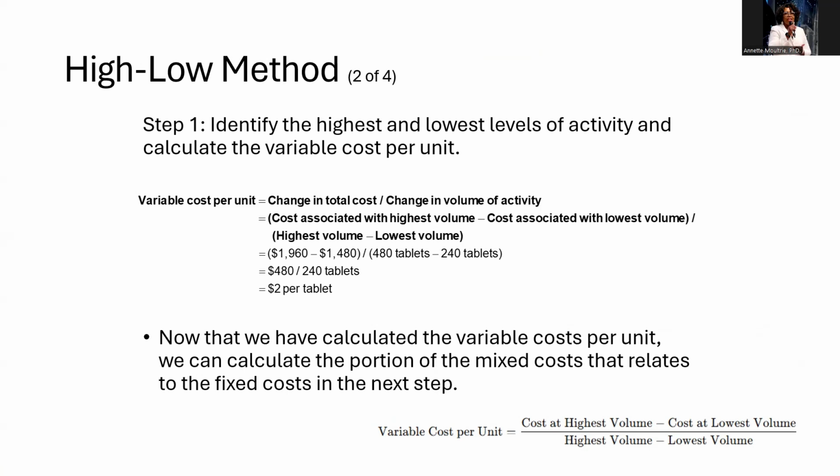So to find the variable cost per unit, what we would do is calculate the change in total cost and divide it by the change in activity level. Okay? Now, after determining the variable cost per tablet, the next step is to calculate the fixed cost component of the mixed costs.